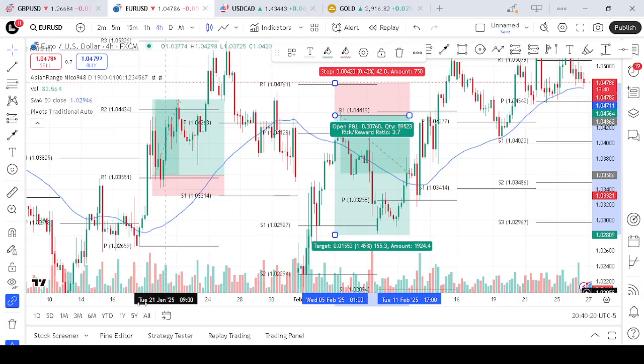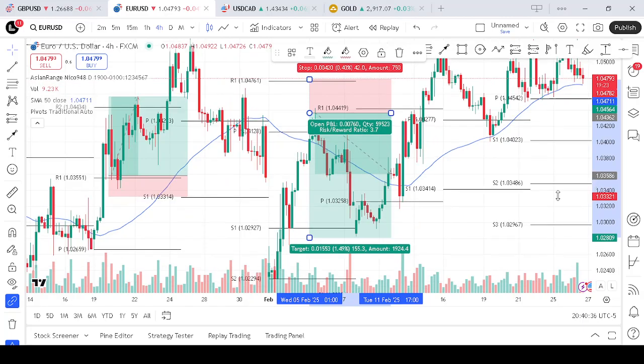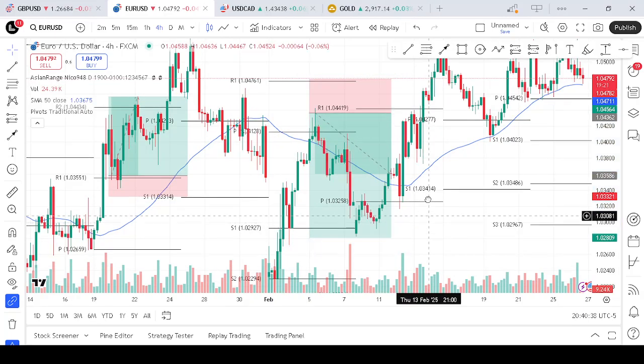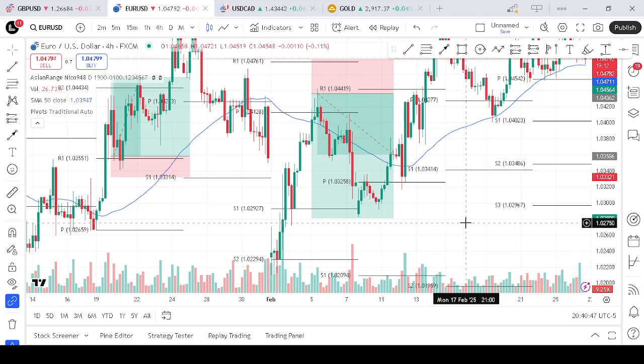It's also important to consider multiple time frames when applying this strategy. For example, if you are trading on the daily chart, it may be helpful to look at the weekly or even the monthly chart for additional context. This broader perspective can help you identify strong trends and make more informed decisions.